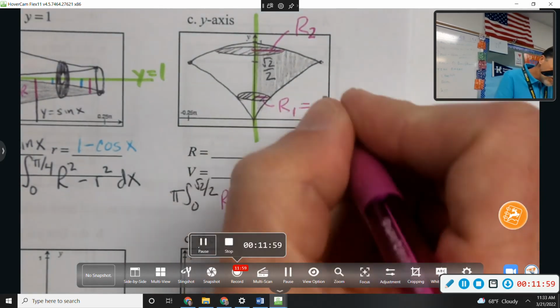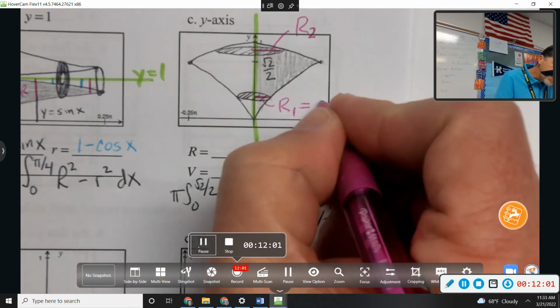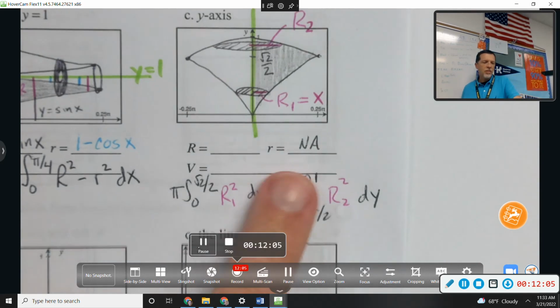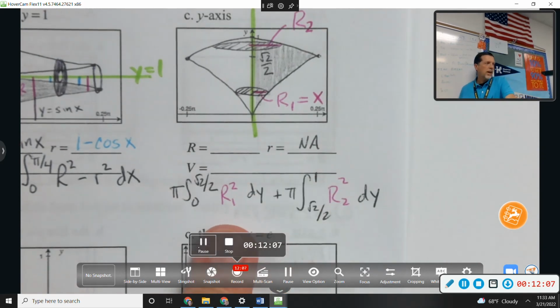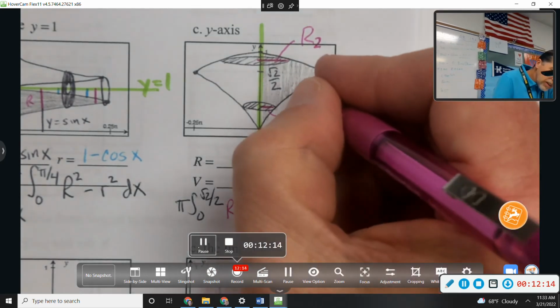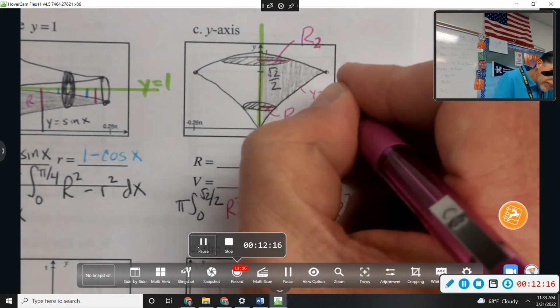So r1, the first thing I see is that it's an x distance, it's a left-right distance. But that doesn't really help because I need it in terms of y. Let's see, that bottom one was y equals sine of x.